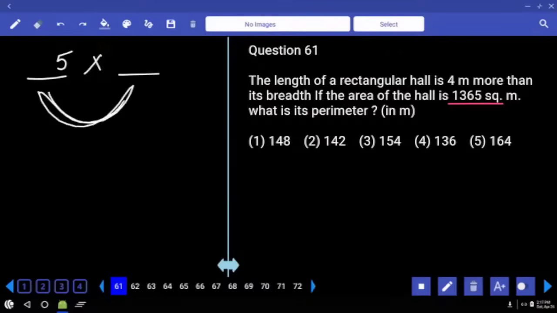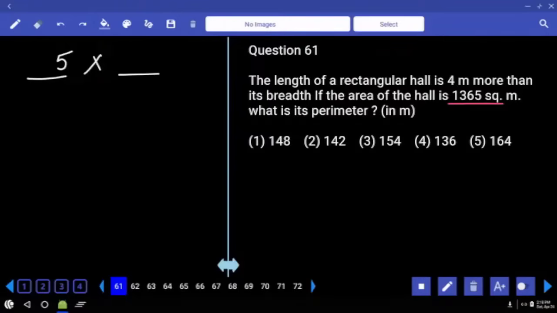That means they are close to each other, right? So let me identify, are they close to 25 square or 35 square or 45 square? Are you okay? What is 25 square? That is far below. Come on.